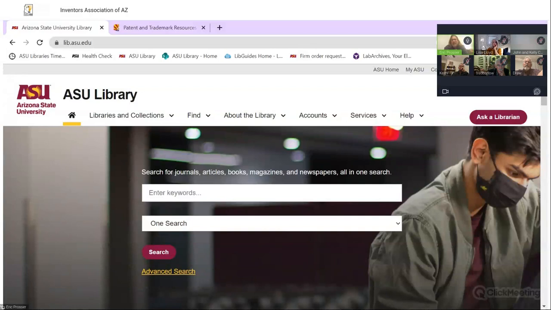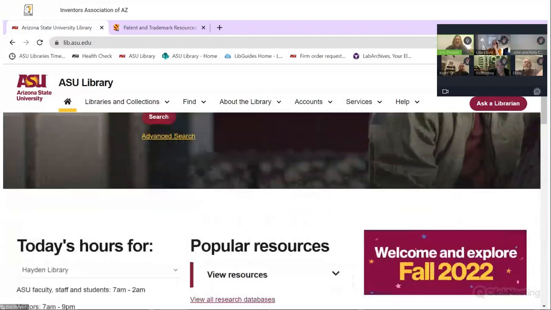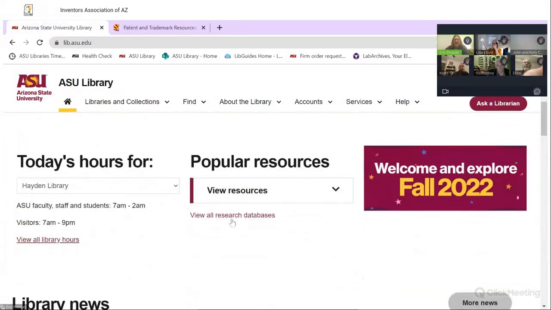When you actually come to one of our libraries and use the databases on campus, that's when you want to get deeper into things and go to what we call these subject specific databases. And to find those, they kind of hide, I'm not going to say hide, but they're basically down here under view research databases.